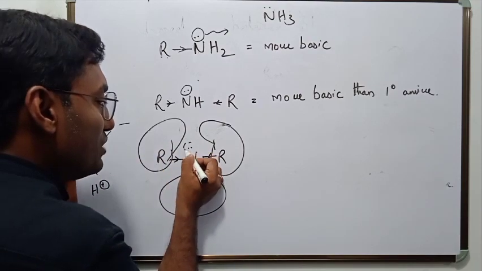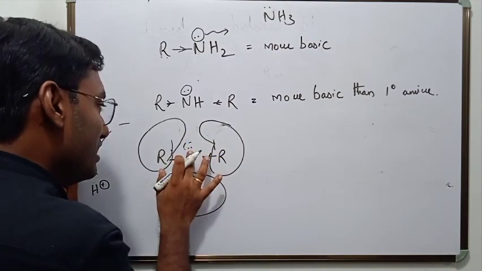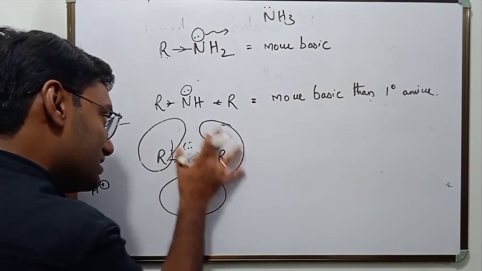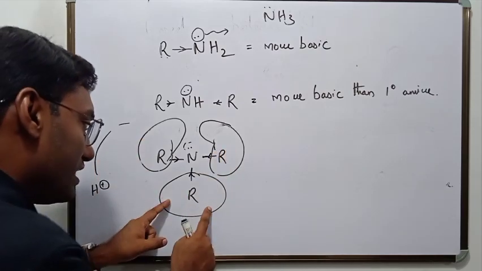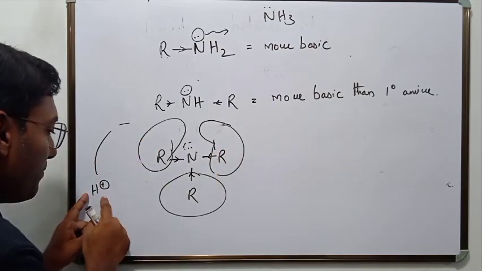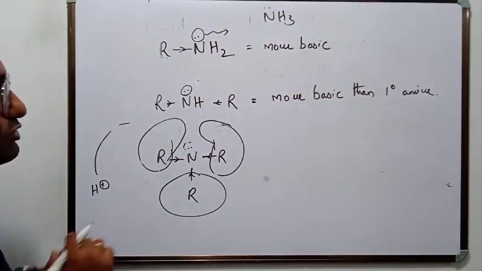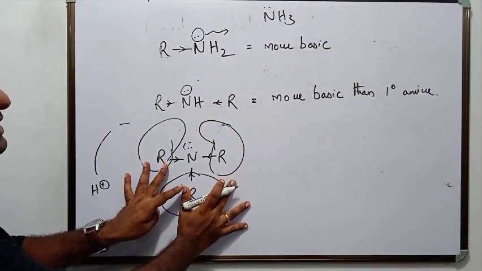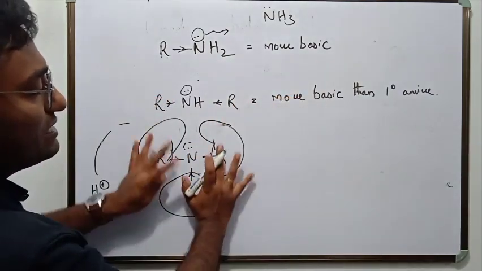This will increase the availability of the lone pair of electron, definitely. Because of that, the tertiary amine should be more basic, but however, due to steric hindrance of the 3 R groups, the proton never finds its way to the nitrogen atom, right? So here the steric effect predominates the electronic effect.